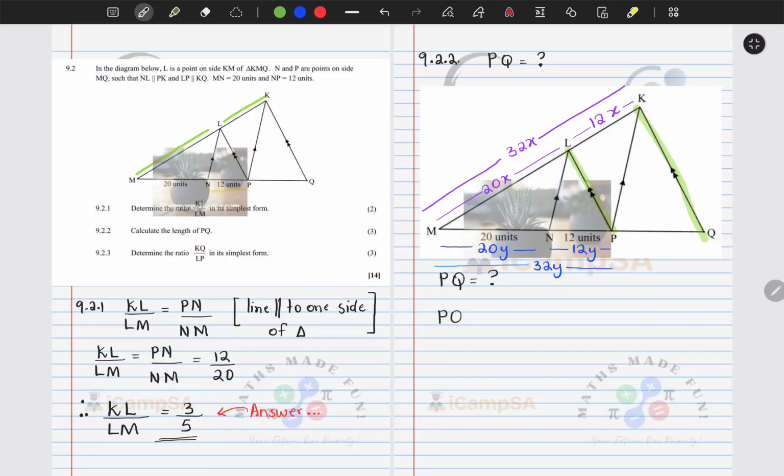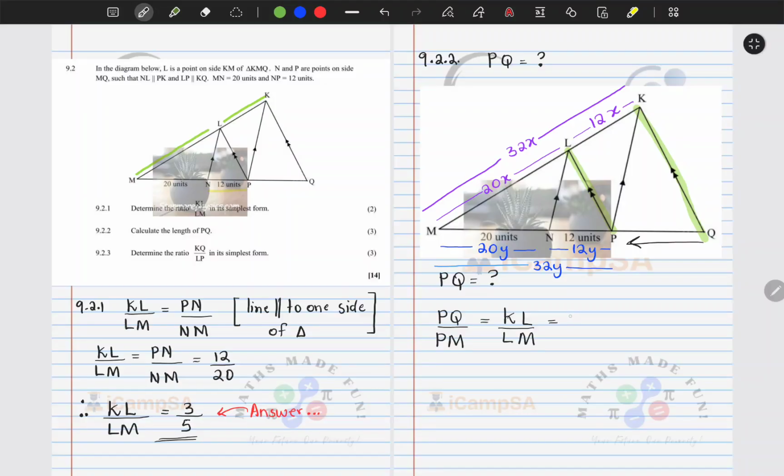So it means PQ divided by, if we just take the same order, divided by PM, that will be the same as, if you observe carefully, KL divided by LM.